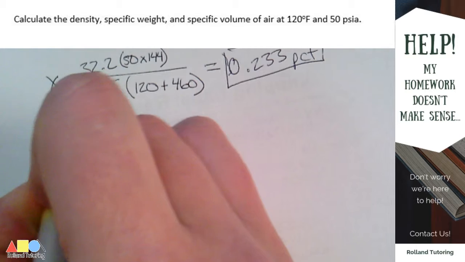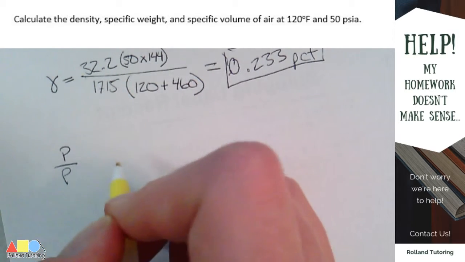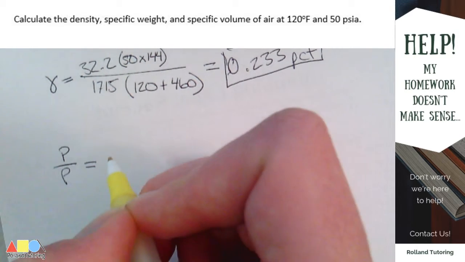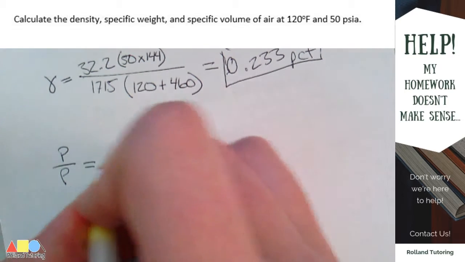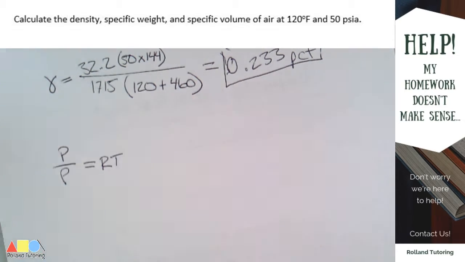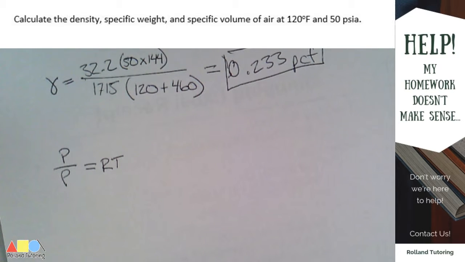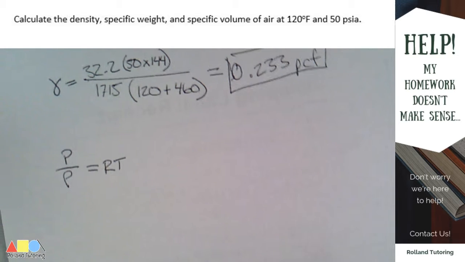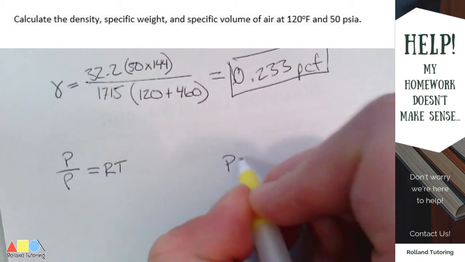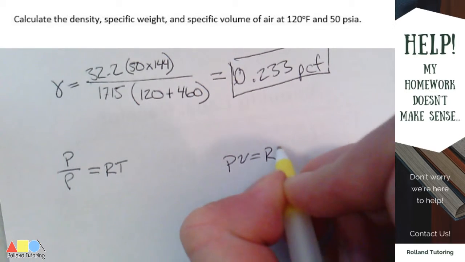We have pressure over density equals RT. So in here we have three variables, so we can use that one. And for the volume we can also use pressure times volume equals RT.